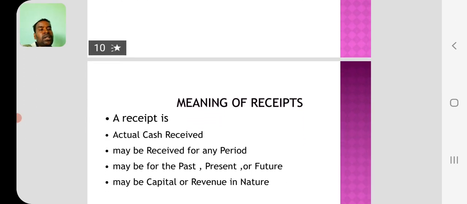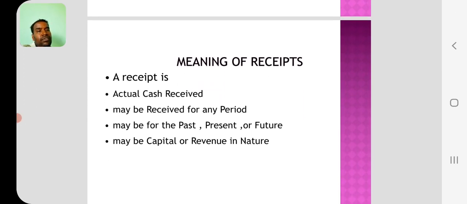Next, coming to the meaning of receipts. A receipt is actual cash received. Actual cash received is called a receipt. It may be received for any period, meaning the current year, past year or future year.